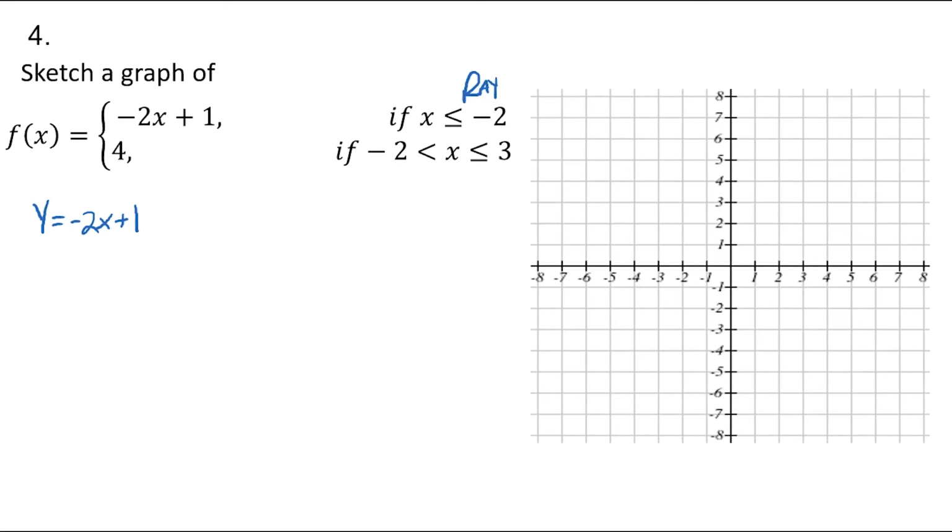Another way that we can graph this is to plot 2 points, and we'll start where x is equal to negative 2. Let's see what that gives us.